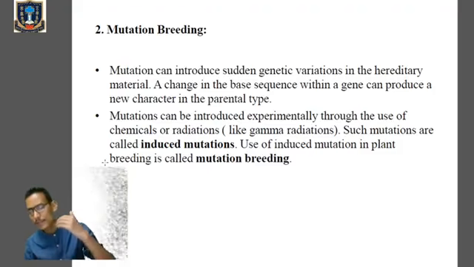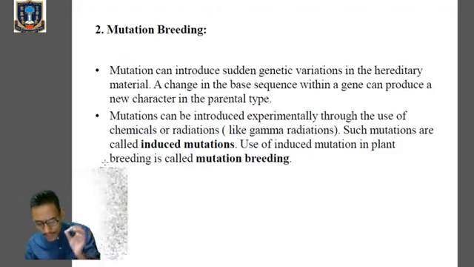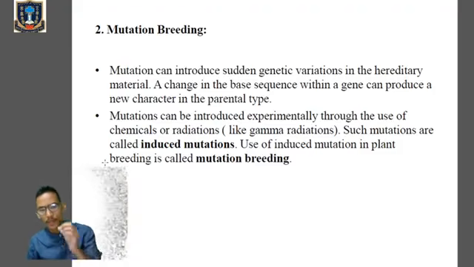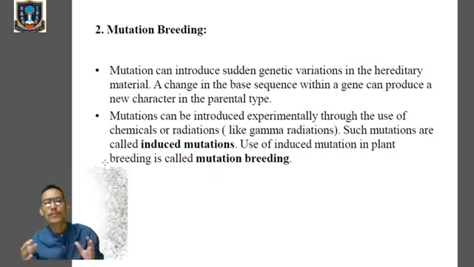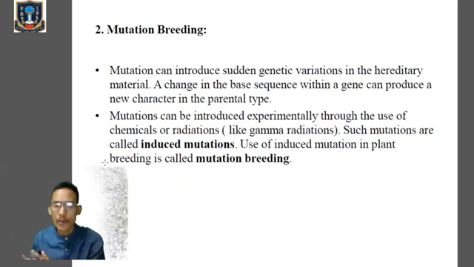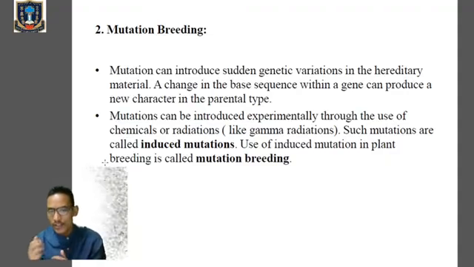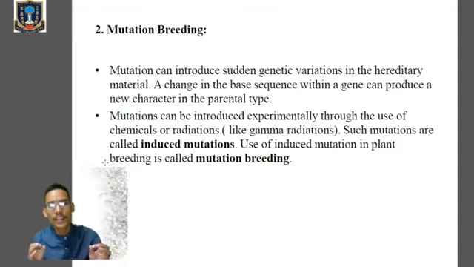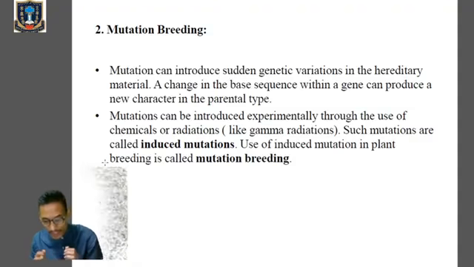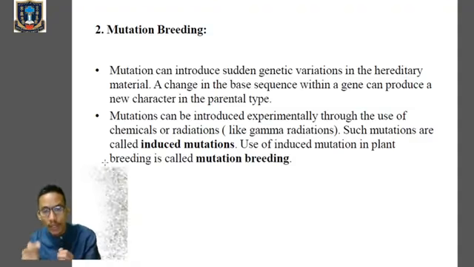Clear? So look at the second paragraph. Mutations can be introduced experimentally through the use of chemicals or radiations like gamma rays. Such mutations which are introduced experimentally are called induced mutation, because we are inducing the plant to undergo mutation.